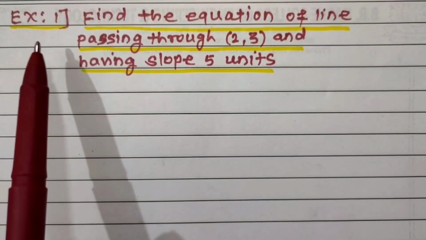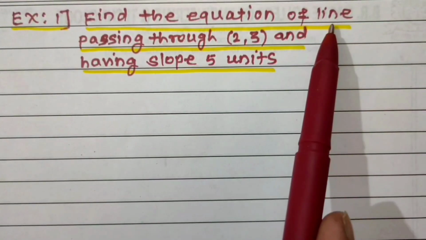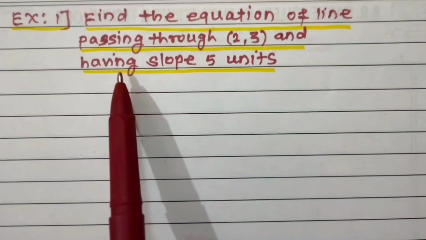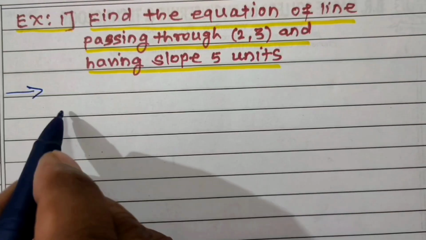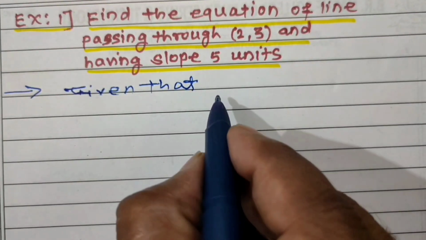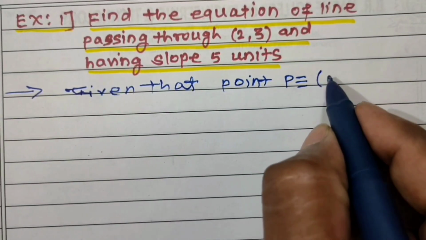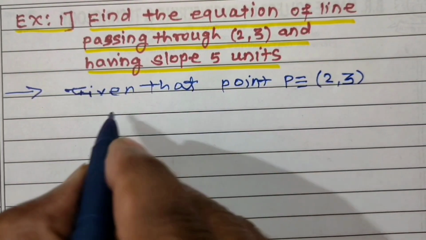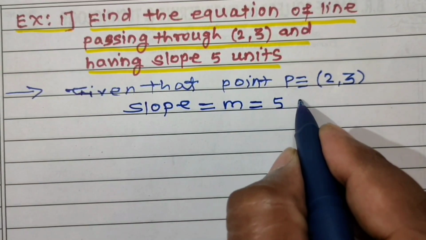Okay, let us solve example number 1. Find the equation of the line passing through the point 2, 3 and having slope 5 units. Let us solve this sum applying slope point form. Given that point P lying on the straight line is 2, 3, and the slope of the line is equal to m, which is given as 5 units.